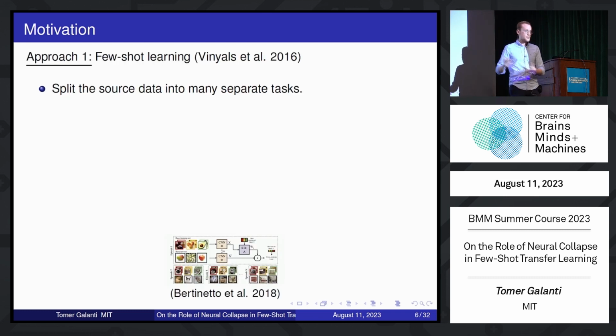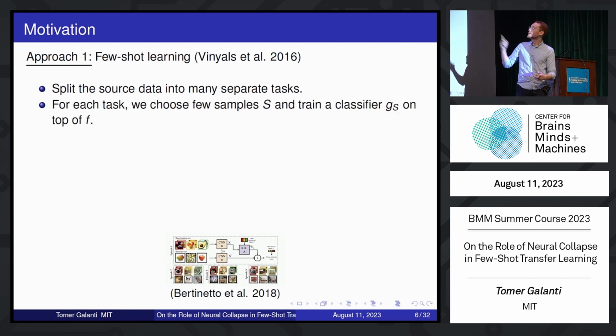So let's start with different ideas. One approach to solve this task is to say the following. Maybe we can do something that is called few-shot learning. In few-shot learning, basically we try to pre-train the model such that given tasks with few samples, the model will be able to successfully solve these tasks. What does that mean? We basically take the source data with many classes, and we split it into many subtasks.